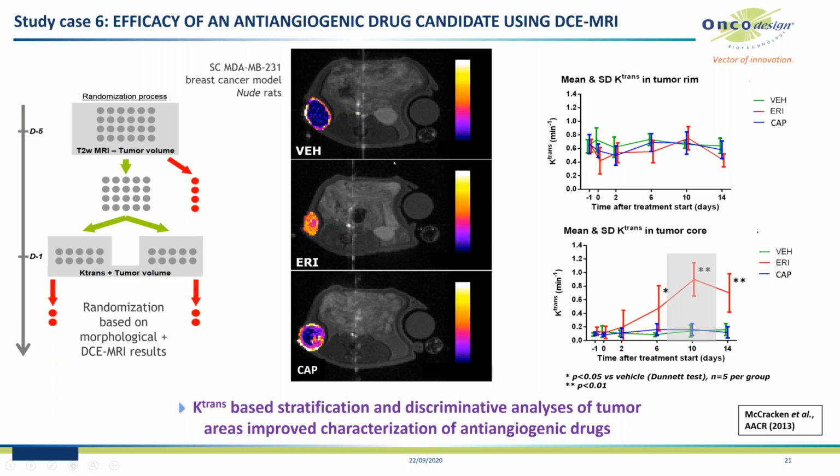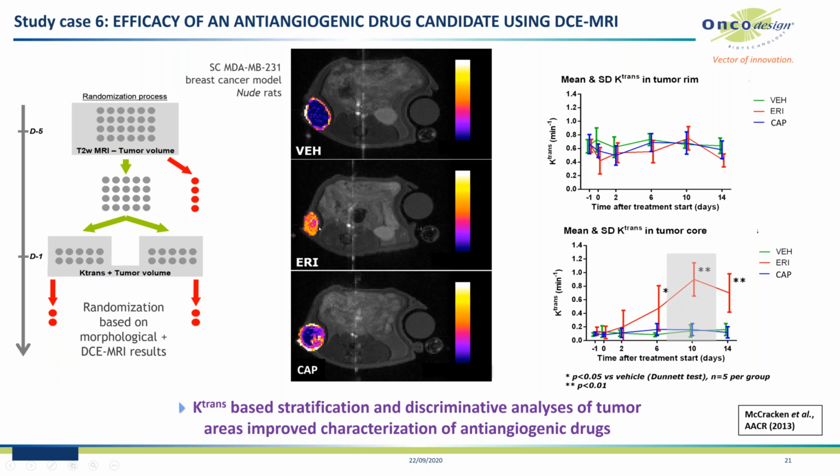So we can see that we always have in this kind of subcutaneous tumor a well-perfused rim of the tumor and a very low perfusion in the center of the tumor. And we maintain this in the vehicle group over time.